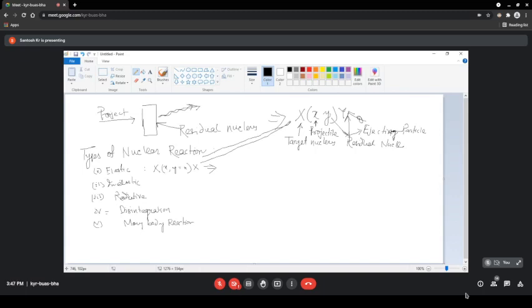So what is your condition? The ejected particle y is equal to the projectile particle x, with the same energy.